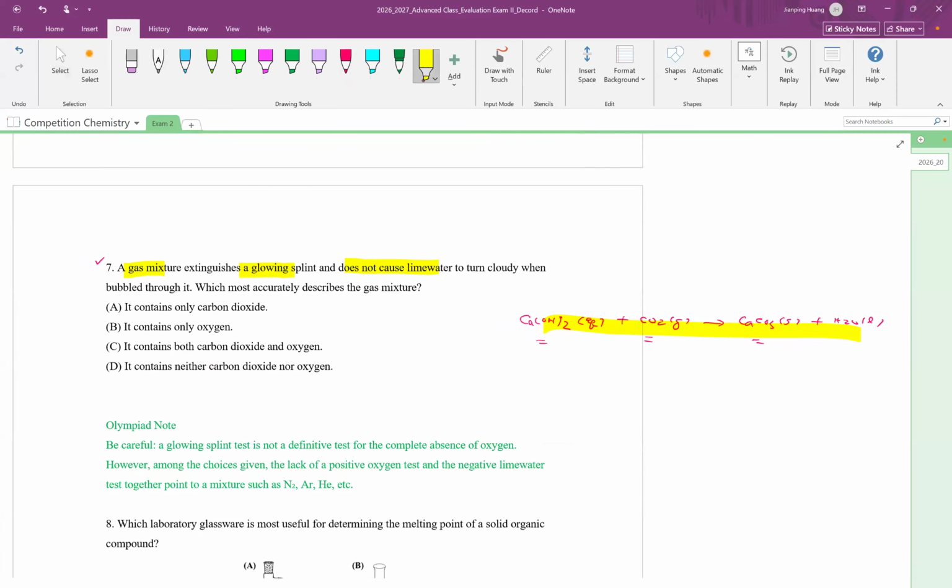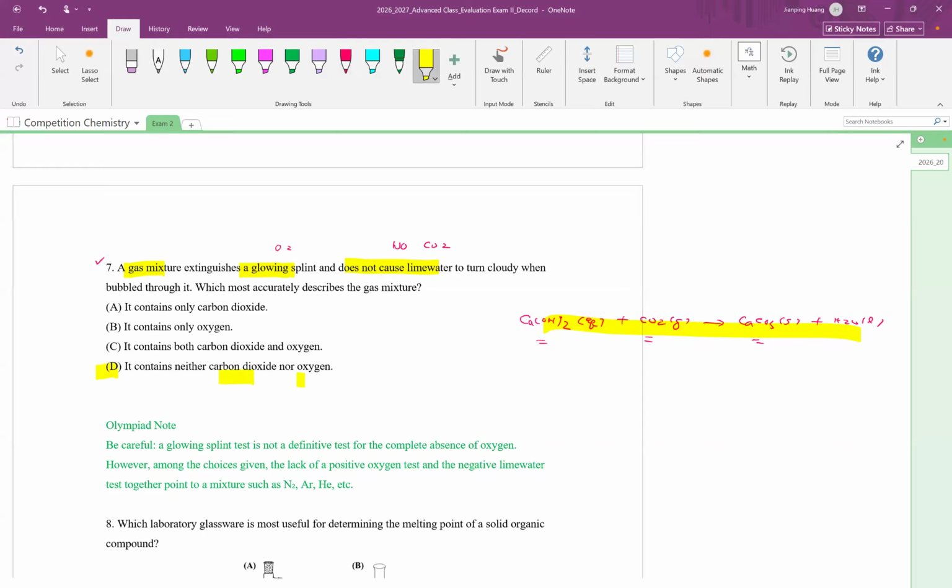Right? So that sentence tells us there is no carbon dioxide. When there is no oxygen, this one will distinguish, which means there is no oxygen. The choice, you should choose this one.